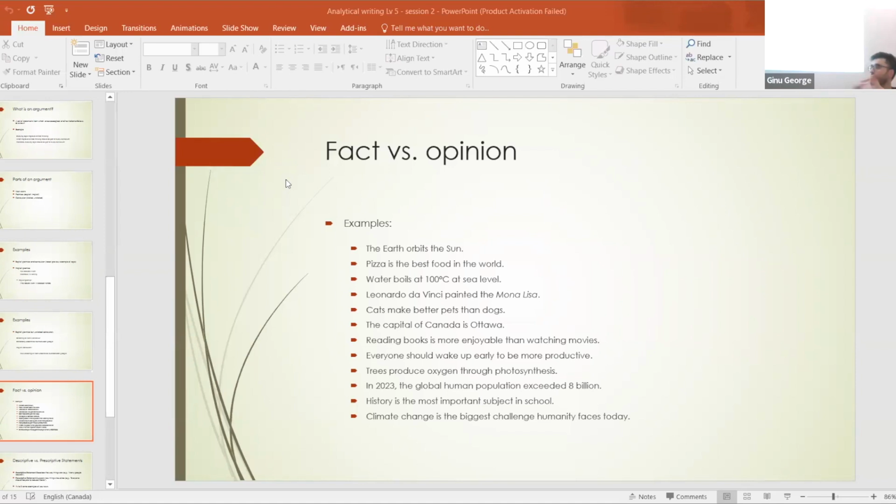Now look at these examples. I want you to take about 3 minutes to categorize them into factual statements and statements based on opinion. Then we'll quickly go over them. This is going to be important because when you read, analyze and write your own analytical essays, it's good to keep this distinction in mind.